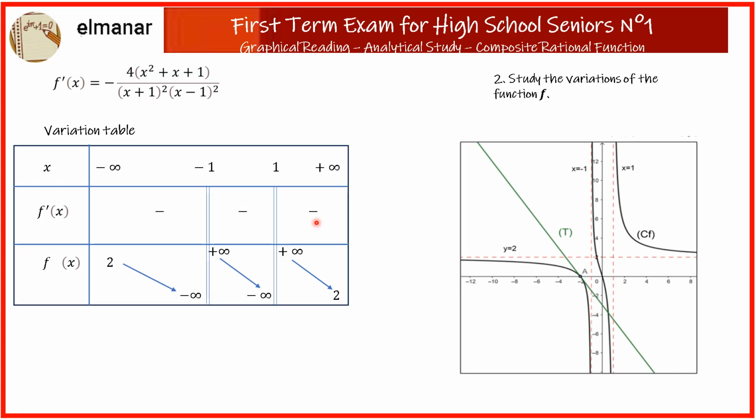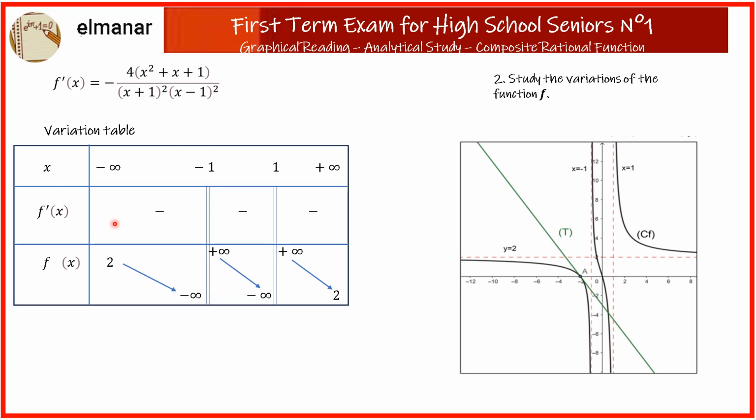We analyze the function across the following intervals: from -∞ to -1, from -1 to 1, from 1 to +∞. Second row, derivative of the function f, noted as f prime.